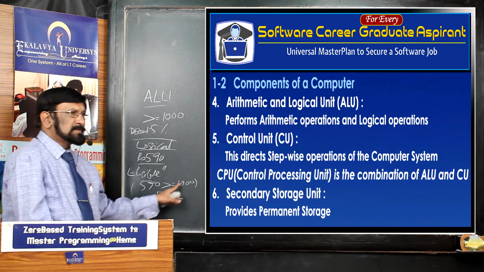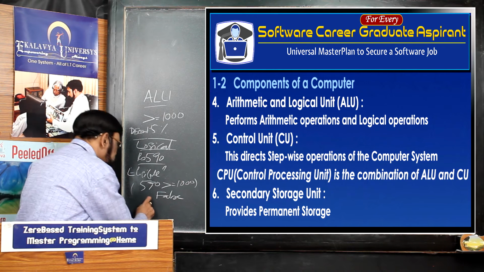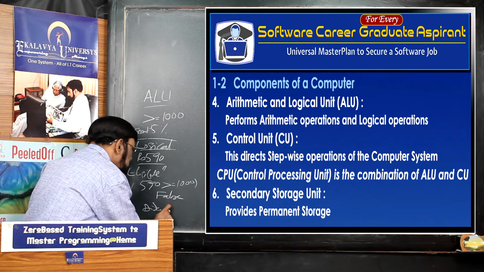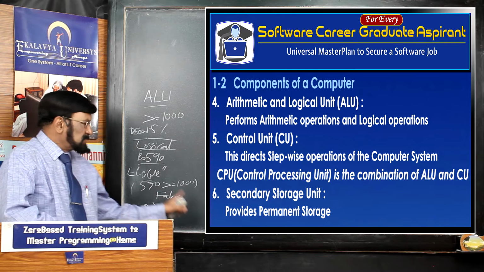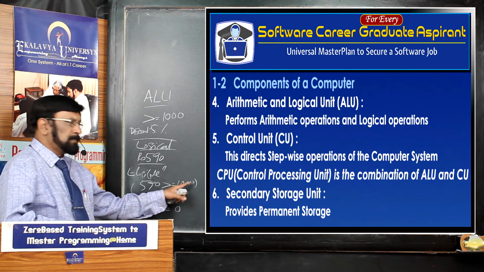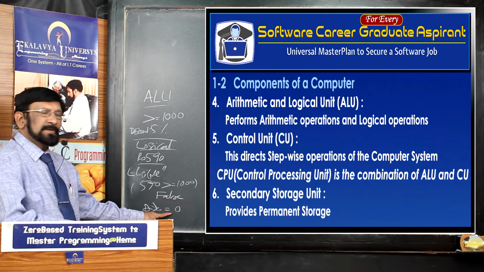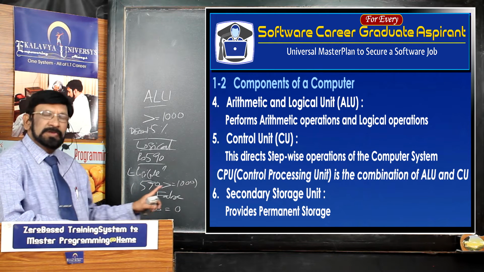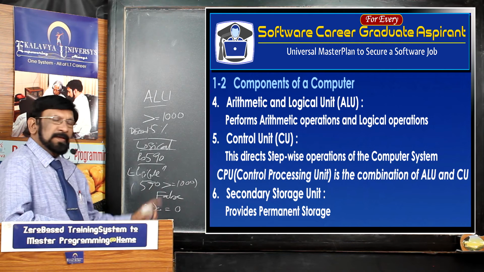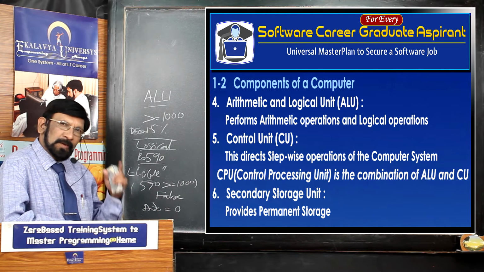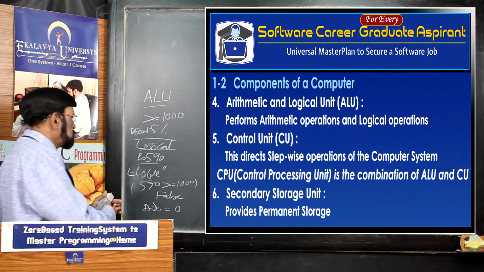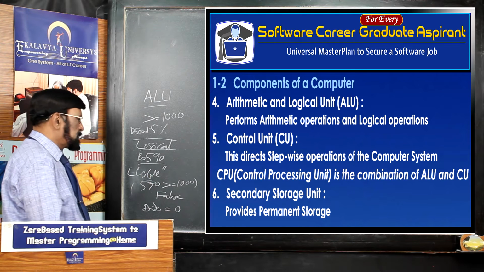If it is false, his discount is 0. Just understand that. If he purchases 999 also, that is false, then his discount is 0. Then how much does he have to pay? 590 minus 0. That means the whole bill he has to pay. This is one example. This is a logical operation.